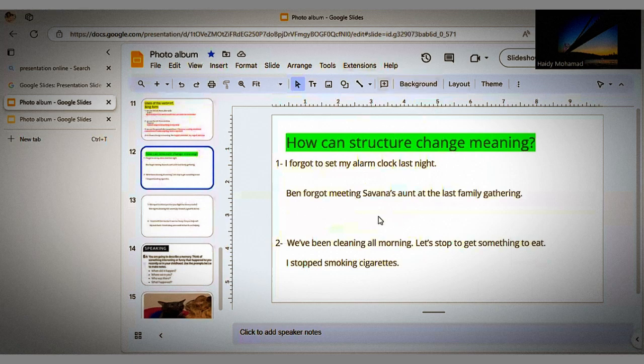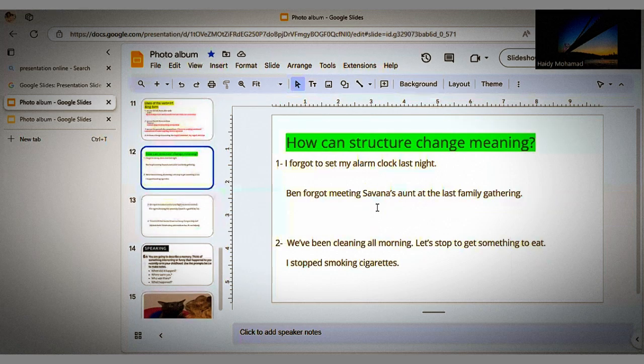So how can the structure of the verb change meaning? Let's see. I forgot to set my alarm clock last night. Ben forgot meeting Savannah's aunt at the last family gathering.